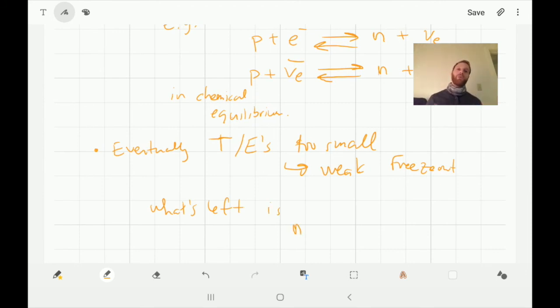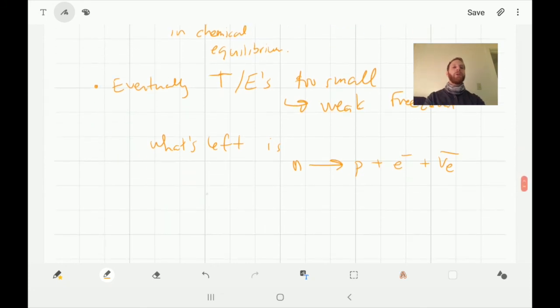Then a lone neutron, you probably already know this, perhaps not, a lone neutron is an unstable particle, and it will decay into a proton, an electron, and an electron antineutrino. And this occurs over a relatively long time.